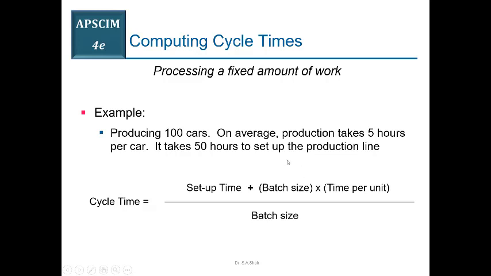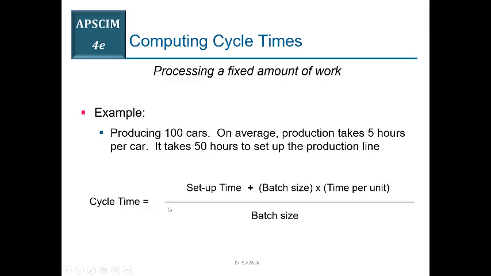For example, if you have to make 10 products and one product is, suppose, completed in 5 minutes, then in total you will need 50 minutes. 10 into 5 is 50 minutes, and if you divide it by that particular batch size, you will get the average cycle time of the system. 10 into 5 divided by 10 will give you exactly 5 minutes per unit.